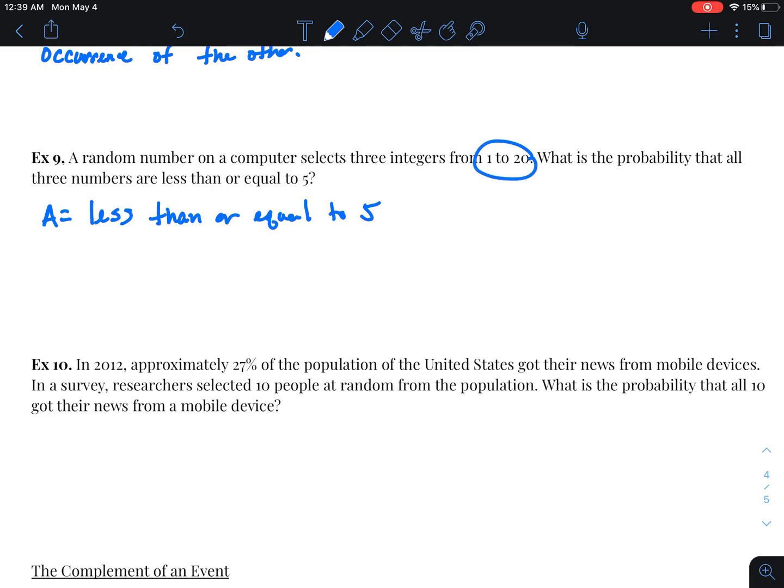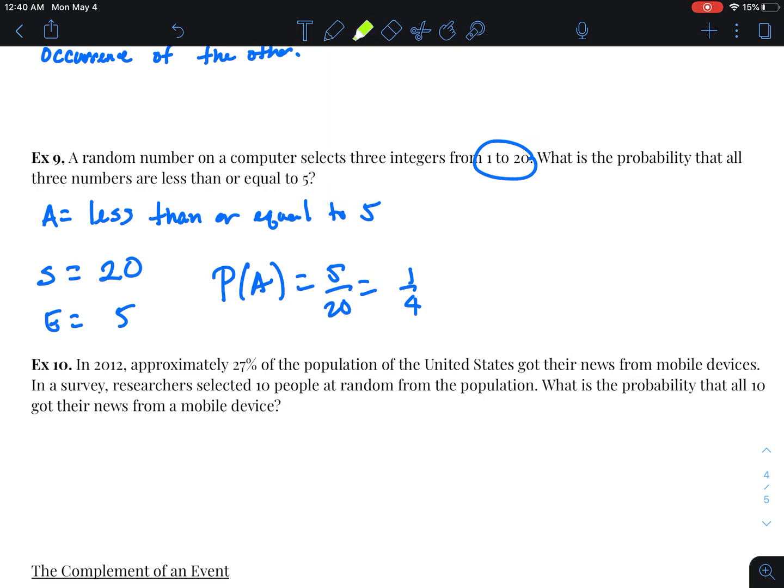It's from 1 to 20, so we've got 20 possible outcomes. And the only outcomes we're looking for are where it's less than or equal to 5, which is 5 of them, since it's 1, 2, 3, 4, 5. So the probability of A is 5 out of 20, which equals 1/4.